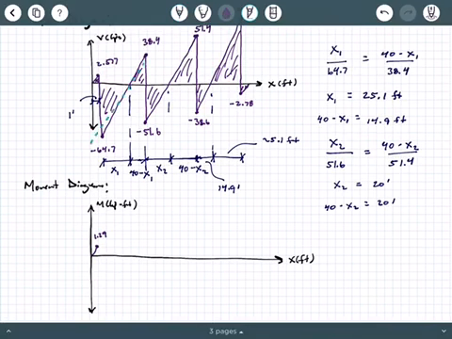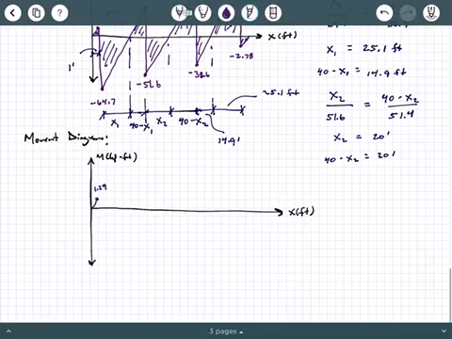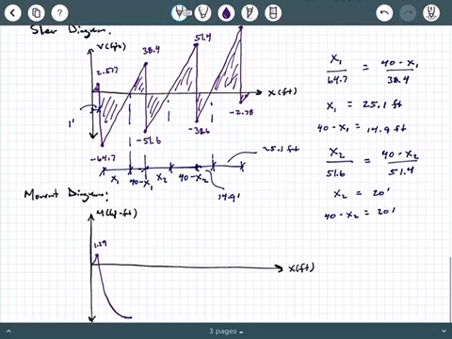So again, this is a linear increasing shear diagram. So this is going to swing us down, concave up. Down here, it's actually more specifically 810.7 kip feet. And then we're going to swing back up by this positive area right here.